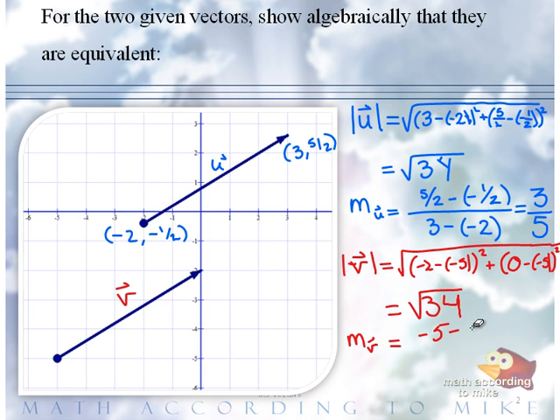Yeah, because that's just 0 there. Over -5 minus 0. What do we got? 3/5. Yep.